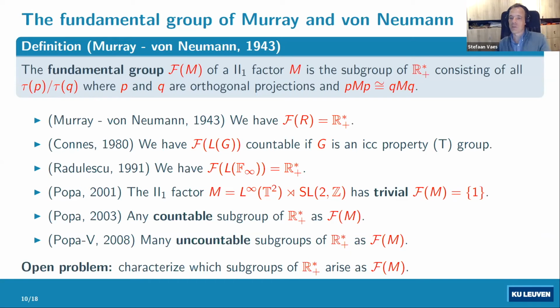So on the one hand, we know that there is a restriction because all these subgroups of R plus must be Borel sets, which is of course a very weak restriction. They must be so-called polishable: there exists some Polish topology on these groups such that they become a Polish group. But still, that's a very wide world of subgroups of R plus.